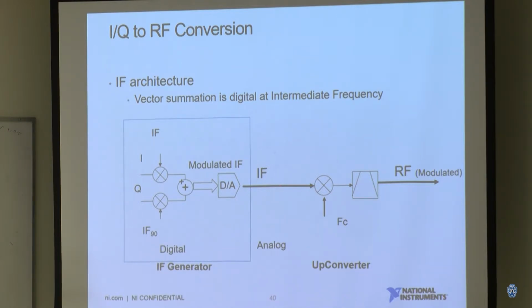Remember, we try to generate a really clean signal, but a signal can be interrupted by other signals, like an adjacent channel. So you up convert to a particular frequency and use a filter to filter out other signals you don't want, and generate the final modulation signal you want to transmit.